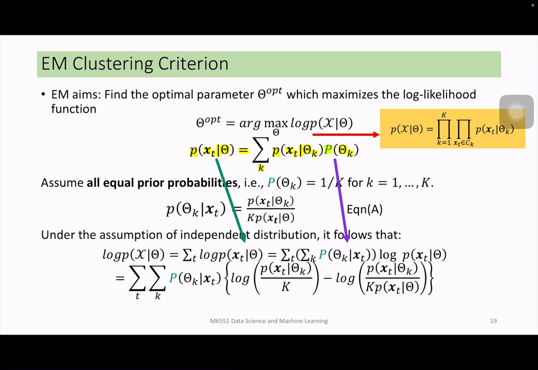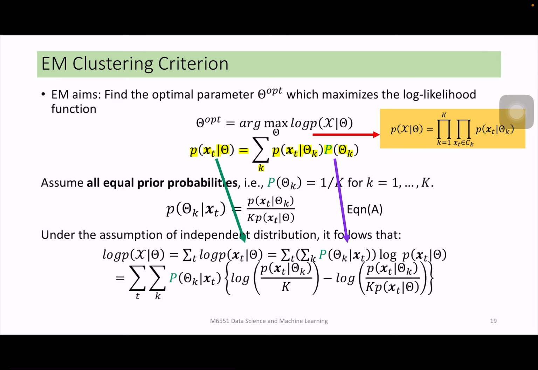So EM clustering tries to find the optimum parameters which maximize the log likelihood, equal to the argmax of the log probability of X given theta. That is basically the probability of x given theta, the total sum from k equals 1 to K of the probability of x given theta k.